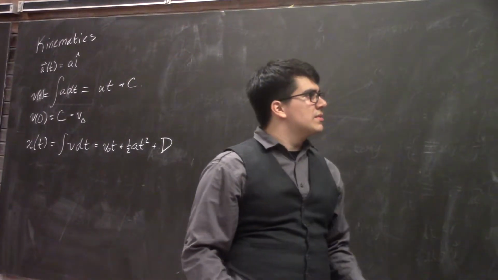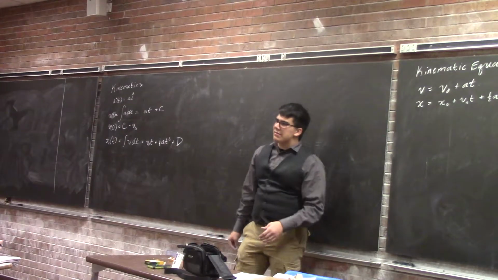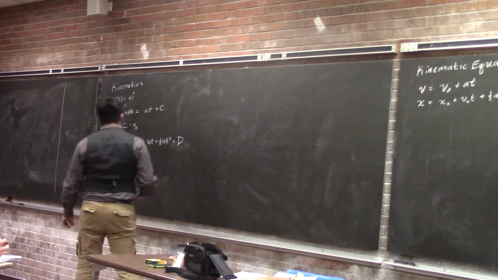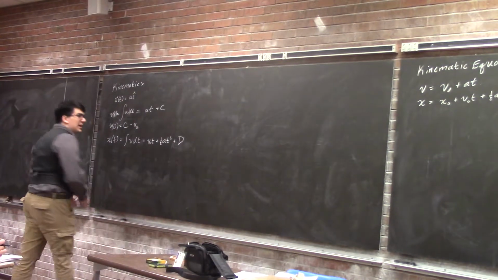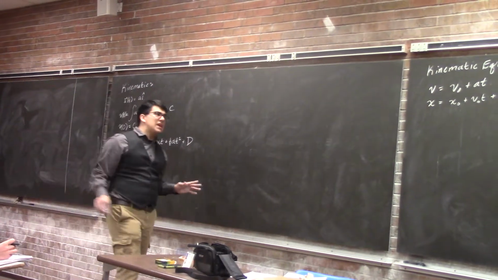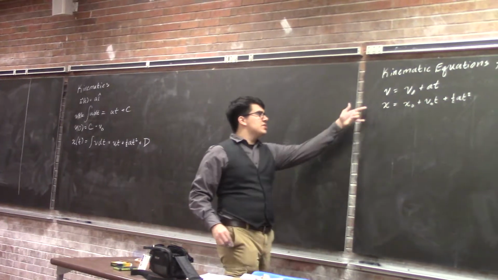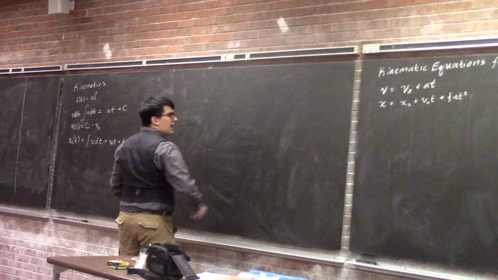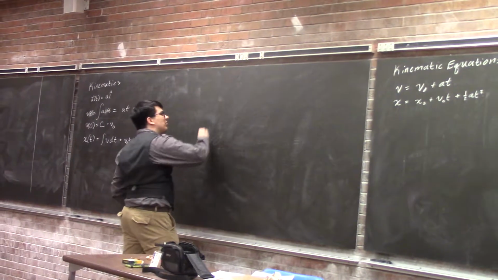Now, for instance, let's say that I didn't have time as a parameter, and I just wanted to work with position and velocity, if I didn't want to discover time at all. How would I do that? Well, I can solve for t in my first equation.